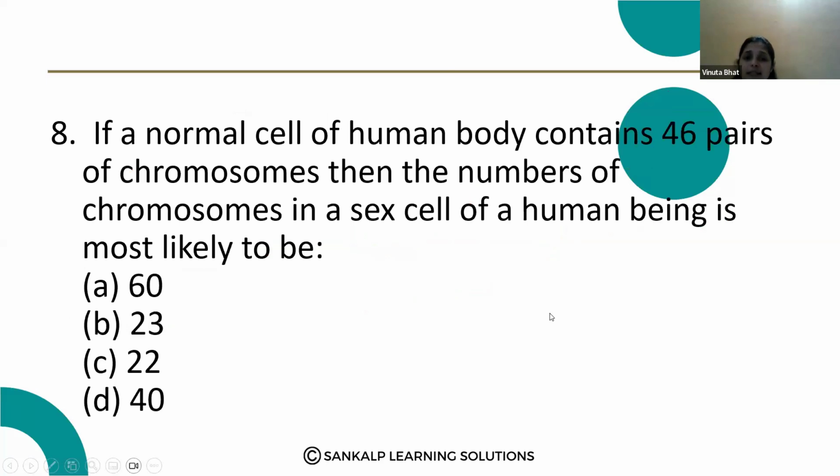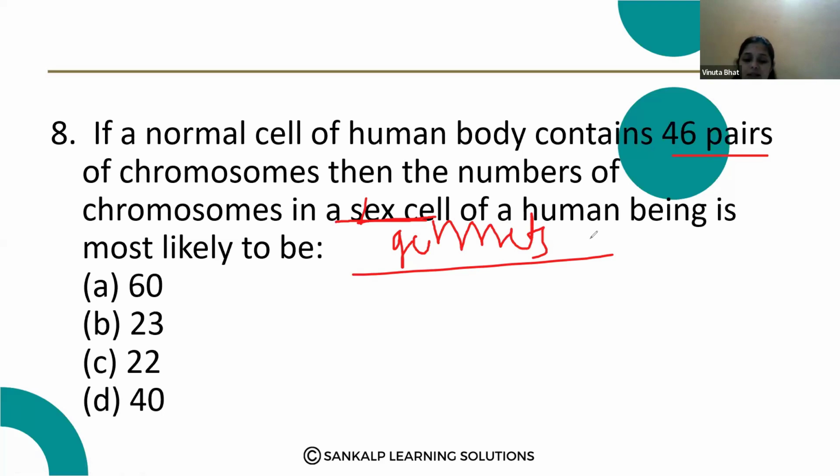Next question. If a normal cell of the human body contains 46 pairs of chromosomes, then the number of chromosomes in a sex cell of a human being is most likely to be. Here, the number of chromosomes in the sex cell, or you can take the gamete, in the male gamete or in the female gamete.